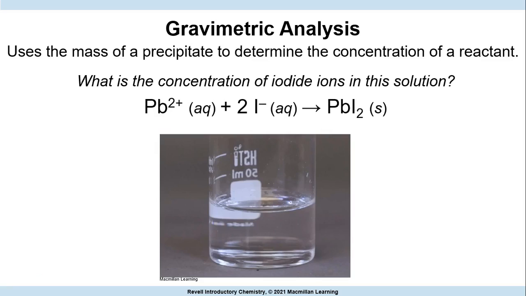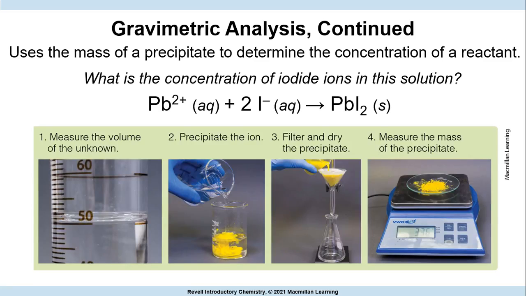So we will be using lead 2 plus reacting with iodide to give us lead 2 iodide. So what do we do in gravimetric analysis? We are going to be determining the concentration of the iodide ions in this solution.